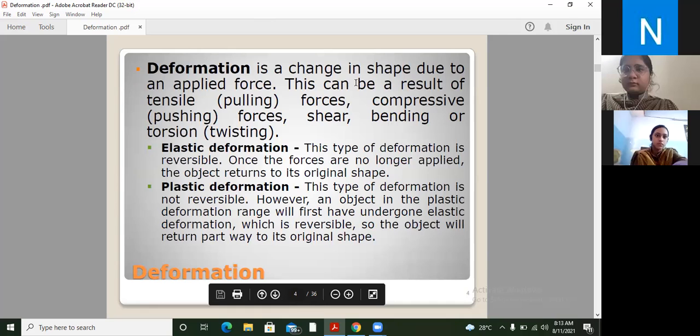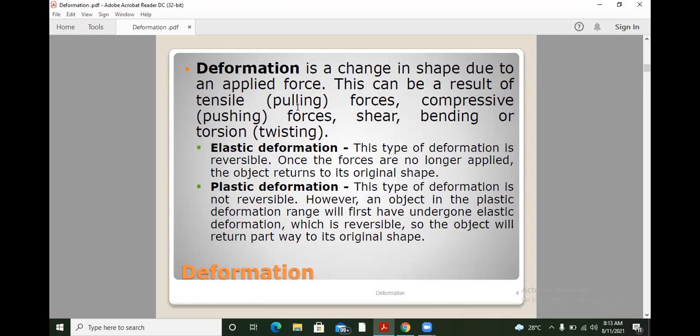Okay, a change in shape is due to applied force. This can be the result of tensile pulling force or compressive pushing force, shear, bending, or torsion. Tensile means pulling. These are the types of forces.